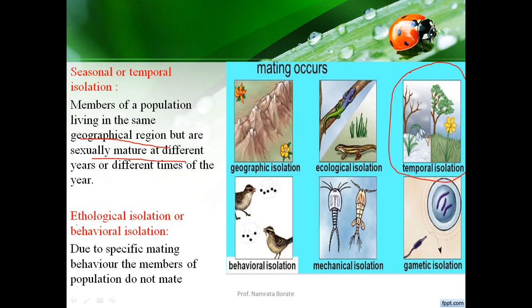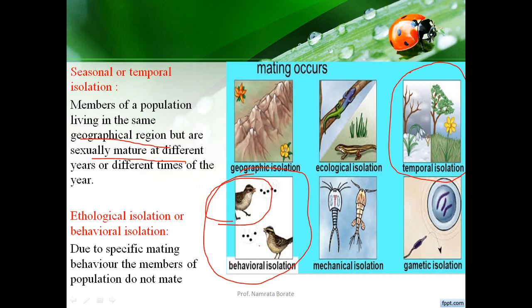The third phenomenon is ethological isolation, or behavioral isolation. In behavioral isolation, due to specific mating behavior, the members of the population do not meet. If specific mating behavior is present, then no mating occurs in this population.